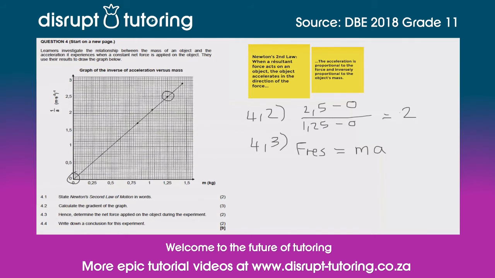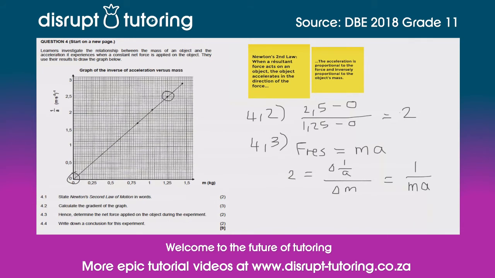So we know that the gradient is 2, and that is equal to the change in y, which is the change in this 1 over acceleration term, over the change in x, which is the change in mass. If you simplify that with maths, you can see that that is 1 over ma.